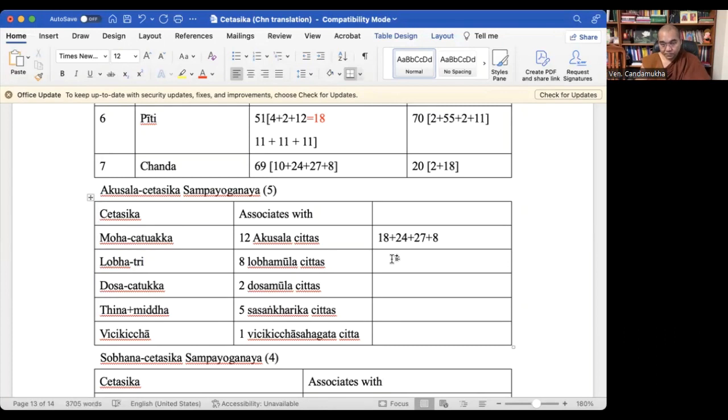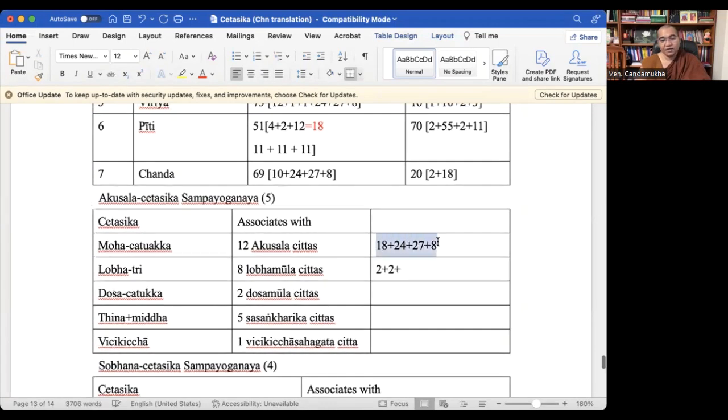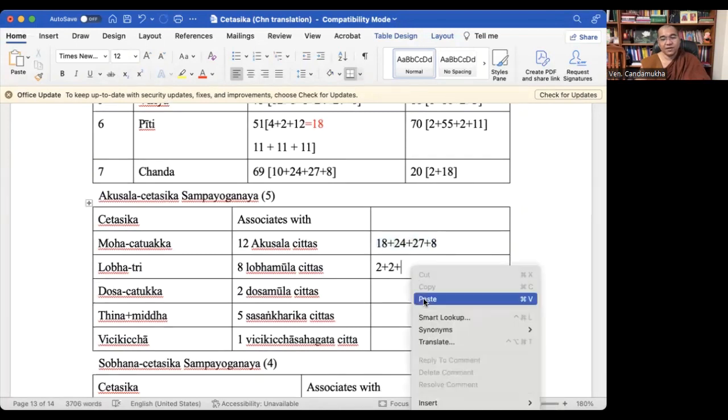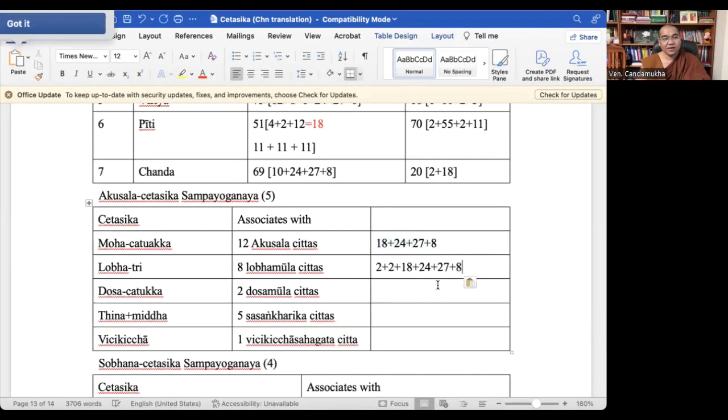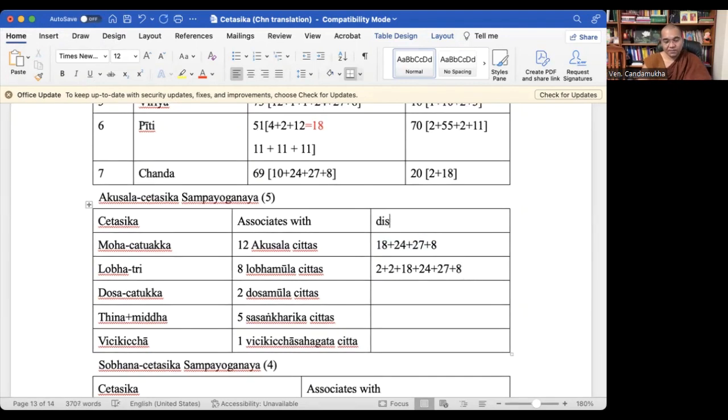The 2 dosa mula cittas do not associate with the lobha group, and the 2 moha mula cittas do not associate with it. Also the 18 ahetuka cittas, 24 kamavacara sobhana cittas, 27 mahaggata cittas, and the 8 lokuttara cittas do not associate with it. That we can simply say is dissociated.